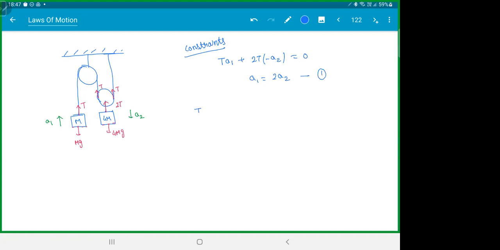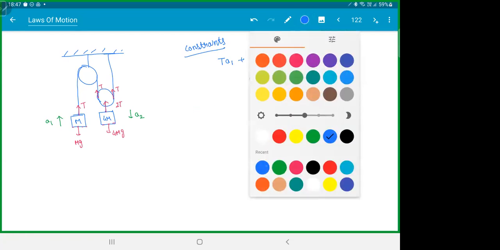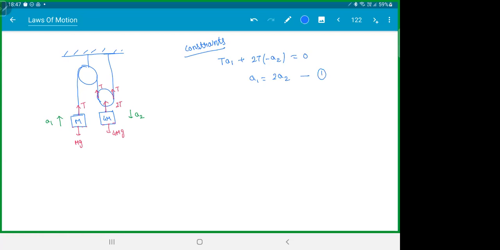So the equation for the block: T minus mg. You know what is the meaning of this? A1 is 2A2. So T, mg. If I assume this is going down with a, meaning this guy will go up with 2a.